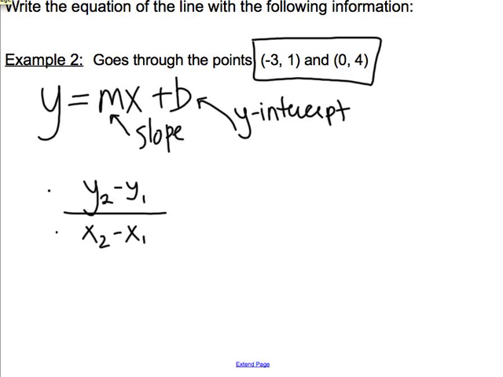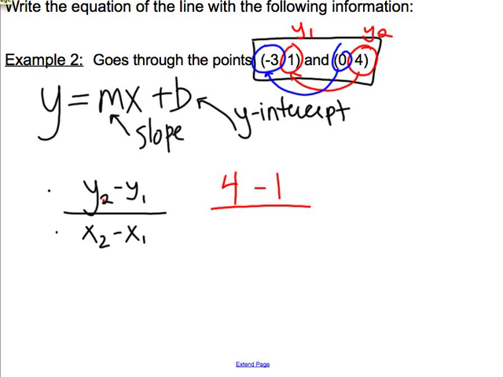Let's see. We'll make this y2, and this will be y1. Remember, y is the second part of every point, and we're going to subtract 4 minus 1 over. Since we went in this direction, we need to do the same thing for the bottom. So now we're going to do 0 minus -3.